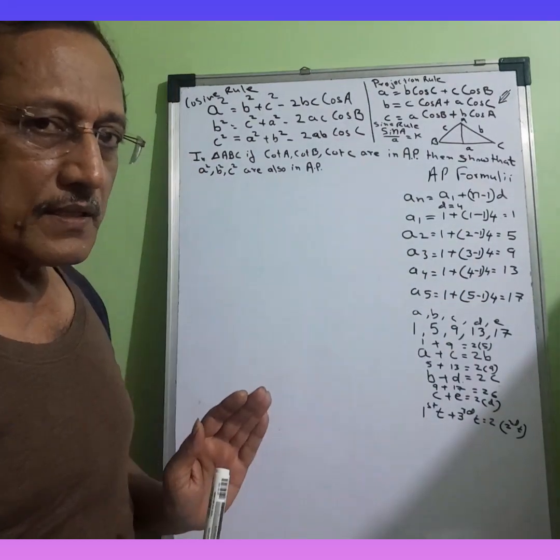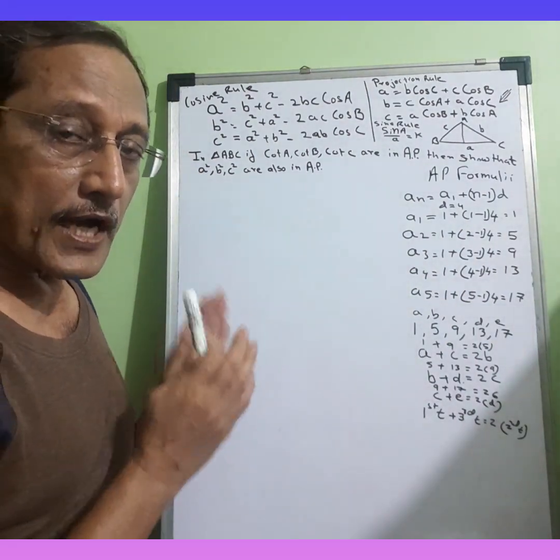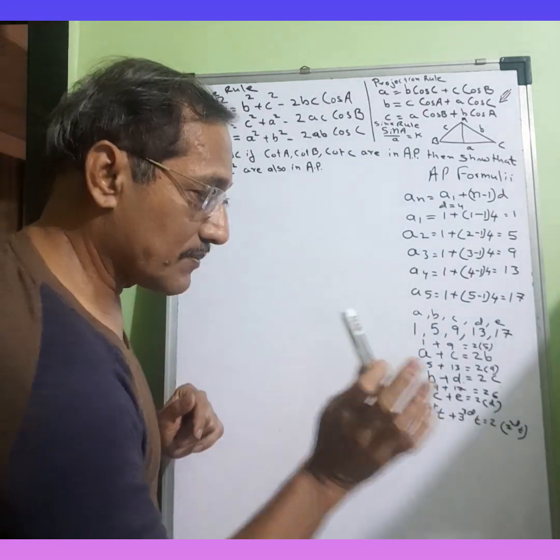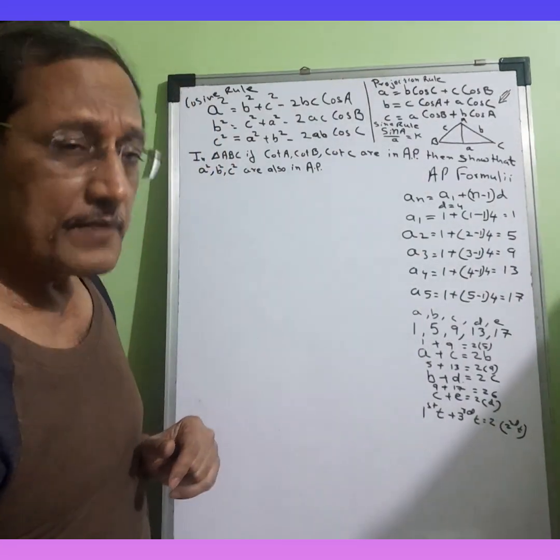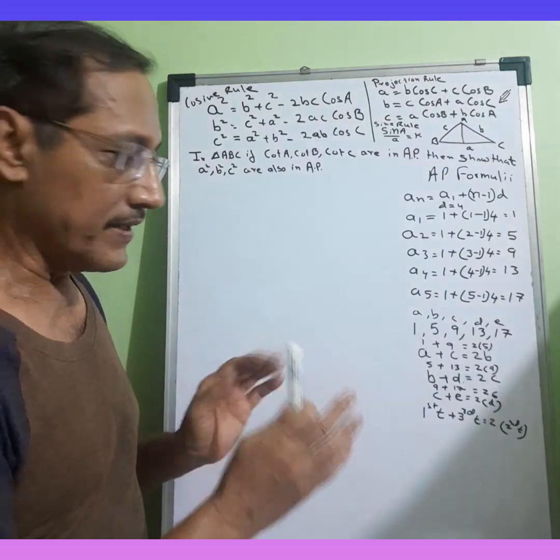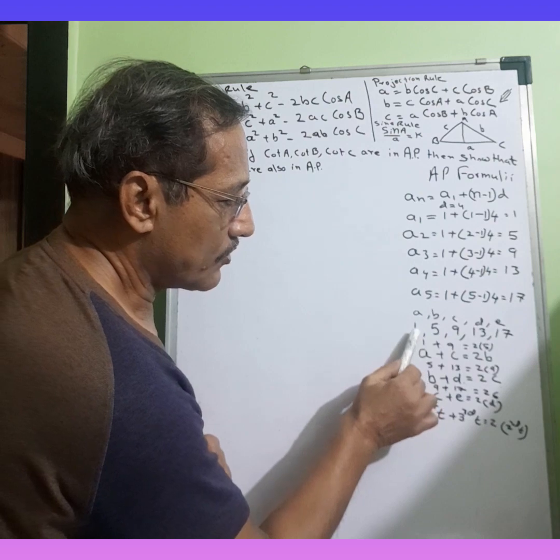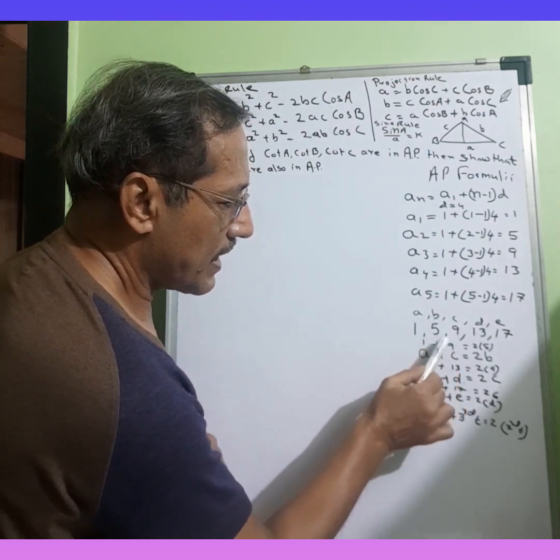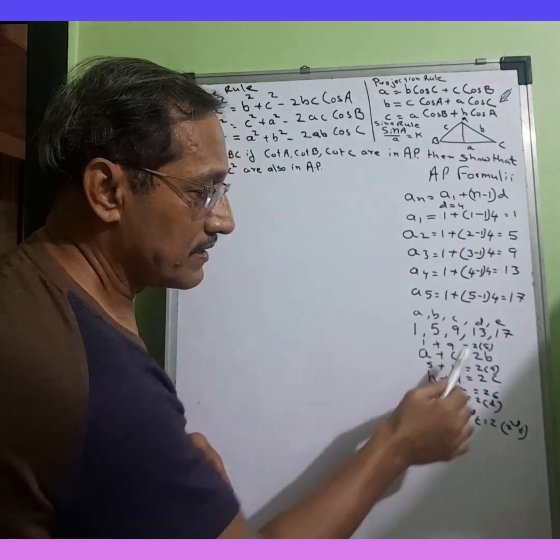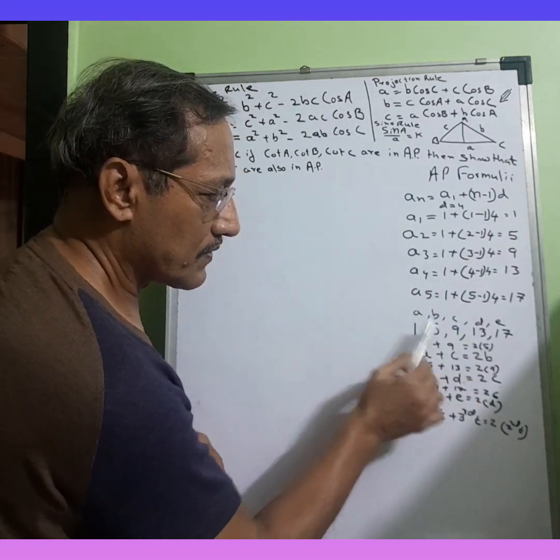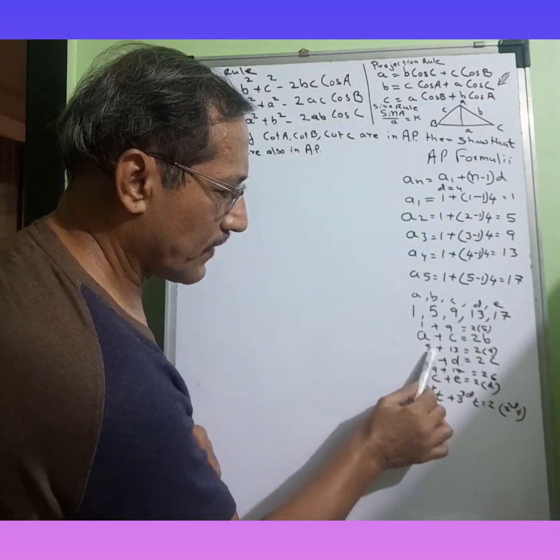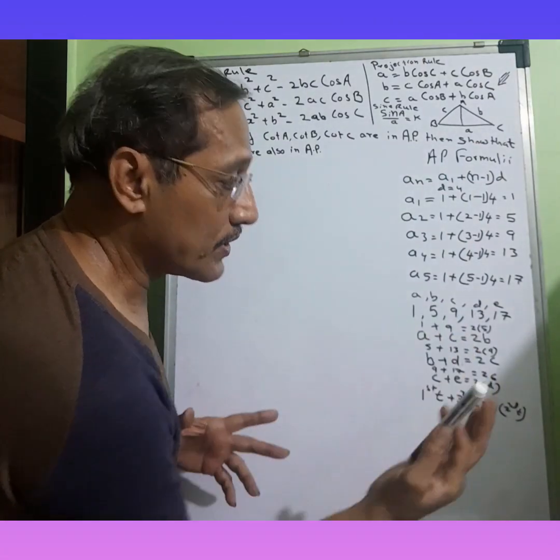This is the basic part. Now the thing that we are going to apply to our numerical: see, something very interesting. I took this term and added it, and I get 10. And what was 10? It was 2 into this. Again I took this term plus this term, 5 plus 13 is 18. What is 18?